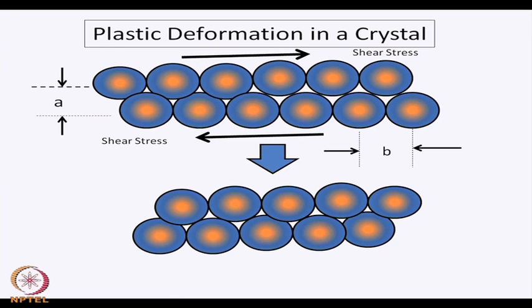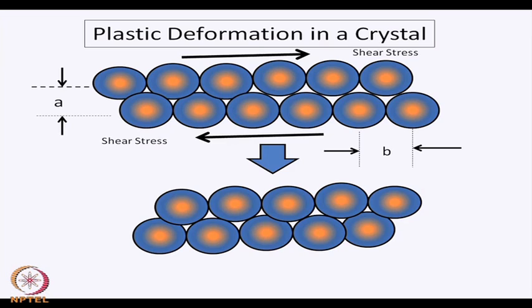So, at the atomistic level we can visualize in this manner: these are two different layers of atoms, both in the close-packed position, this is the first layer and this is the second layer. So, we apply a shear stress, at the lower end we apply a stress in this direction, and on the upper side we are applying a stress in this direction. So, it is not a normal stress, it is a shear stress.